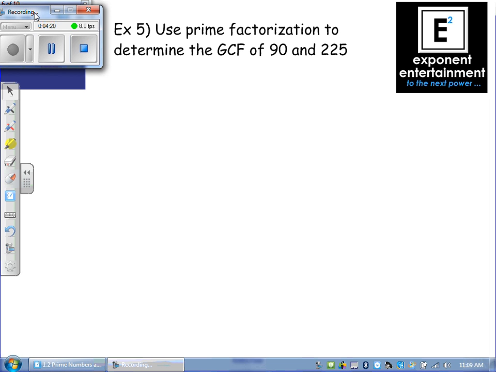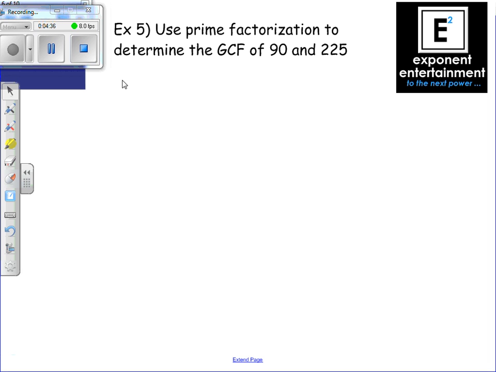On your own, we have to find the greatest common factor between 90 and 225. I'll do the prime factorization of 90 on the board. You do 225 on your own. So, I'm going to do it with your tree.